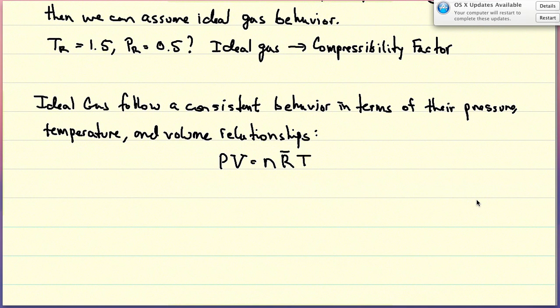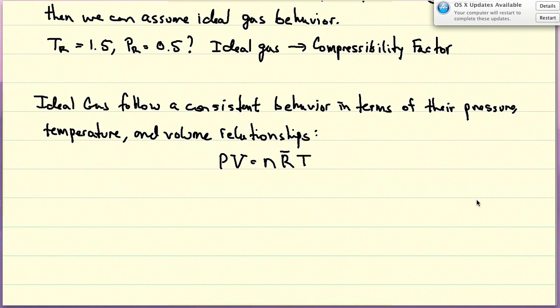This equation, and we're going to talk about it in just a moment because it has a special name. Not PV equals nRT, but just the general equation that relates properties has a special name. We'll get to that in just a moment. But this equation tells us exactly how everything will behave if we know two of the three properties.